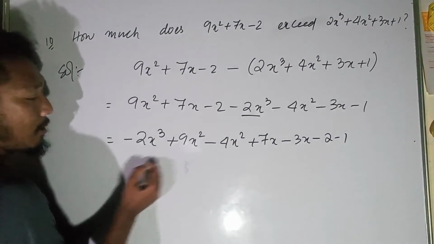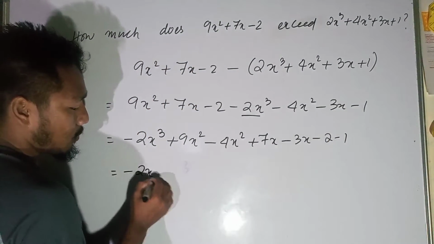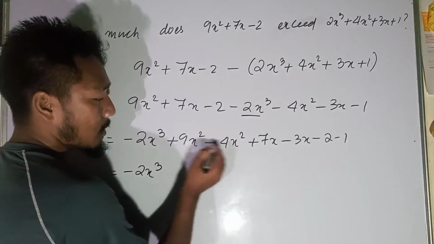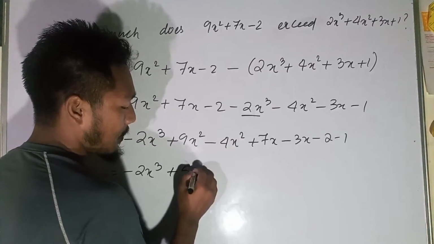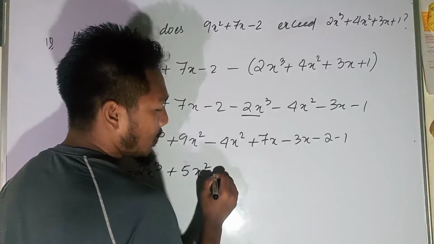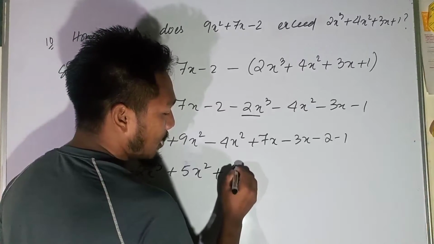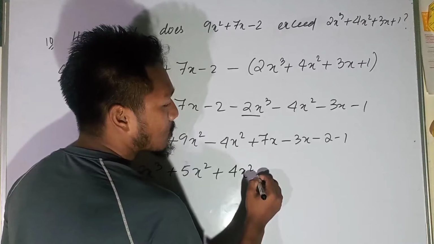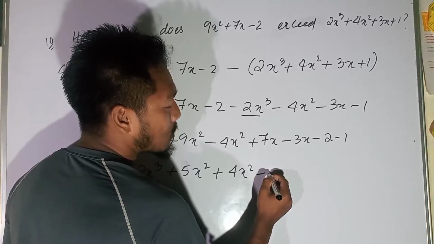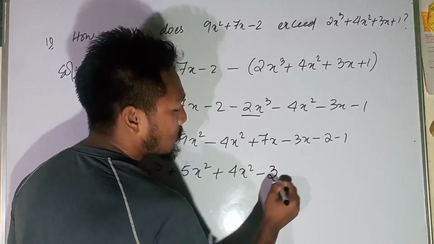Okay, so all are arranged. We don't have any minus x cubed, so write it the same. Subtract it: 9 minus 5 will become 4, 7 minus 3 will become 4x cubed. 2 minus 1 will become minus 3.